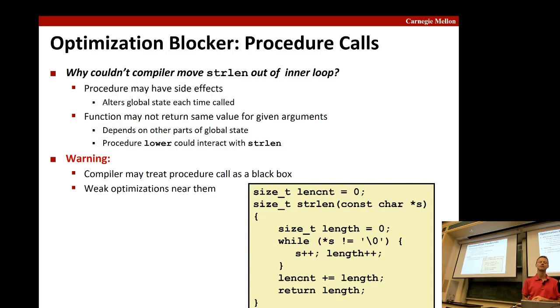Because it was a function, right? And it has to worry about the various kinds of side effects that the procedure strlen might have. It could depend on other things going on. Maybe the string is being updated behind the scenes every time. Maybe there's some other procedure, and we'll see an example of this in a minute, that's later adjusting the string. So it doesn't know that strlen is going to return the same value every time, and that's why it has to be conservative.